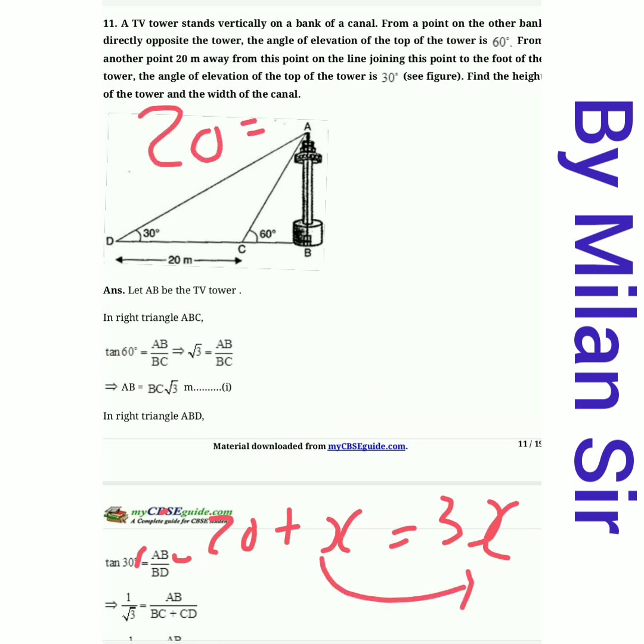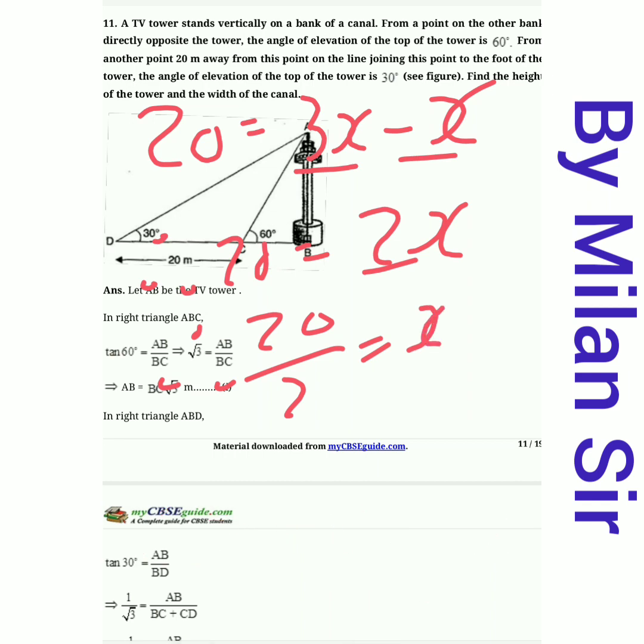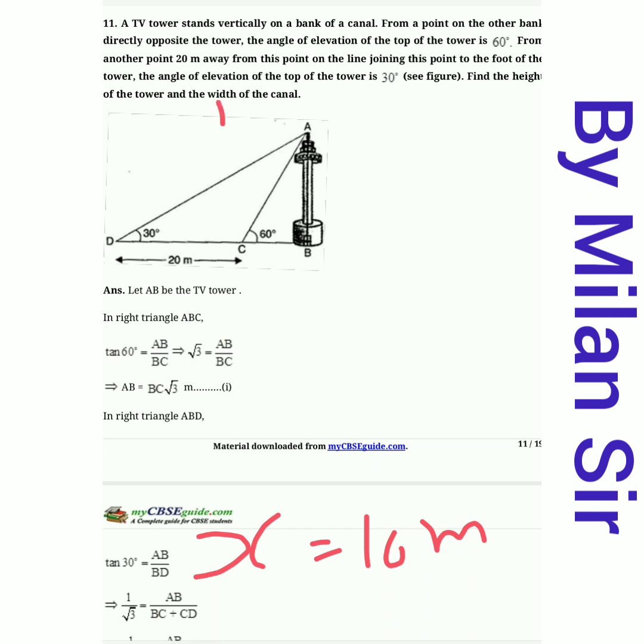So 20, 3X is already present, and plus X transferred to the right hand side becomes minus X. So 20 is equal to 3X minus 1X, which is 2X. For finding X, just transfer the 2 to the left hand side. So X is equal to 20 by 2, which is 10 meter, right? So the width of the canal, which we assumed X, is 10 meter. So we can say that the width of canal BC is equal to 10 meter.